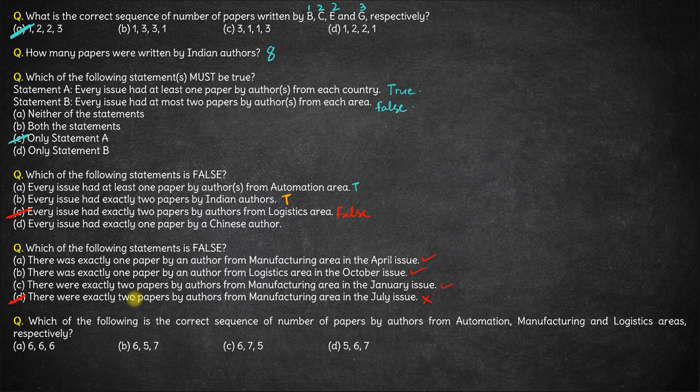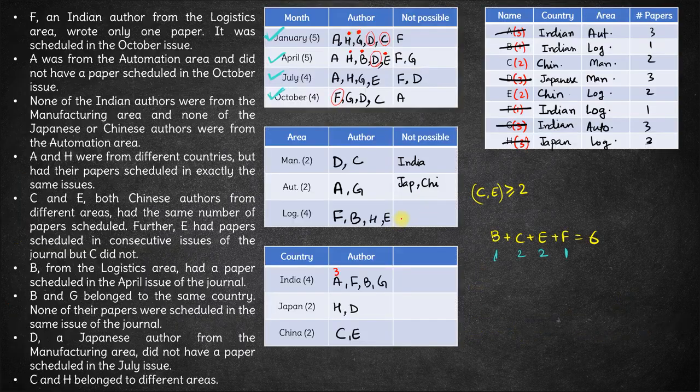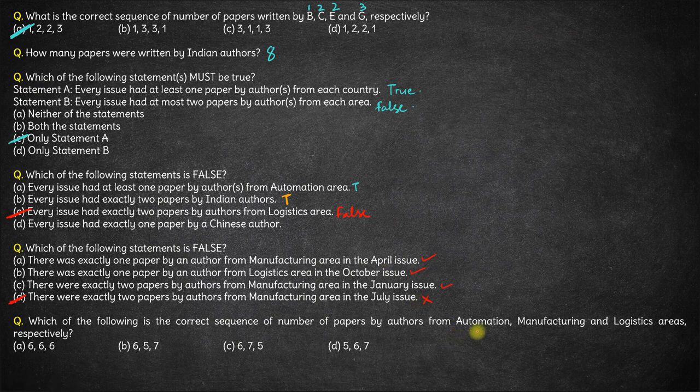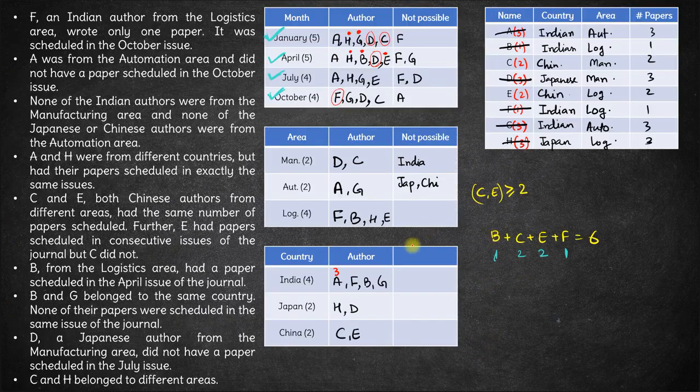And finally, coming to the last question. Which of the following is the correct sequence of number of papers by authors from automation, manufacturing and logistics area? Let's figure that out. Automation is A and G. So A gives us 3 papers and G gives us 3 papers. So 3 plus 3, 6 papers from automation authors. Next is manufacturing.